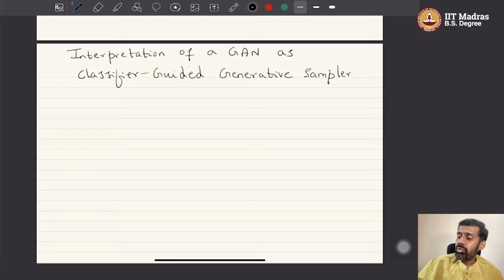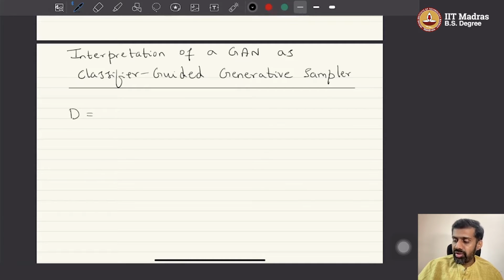What we saw so far was that a GAN was a special case of variational divergence minimization algorithms, where we start with an F divergence, construct a lower bound on it, and then optimize for it. This is another interpretation of a GAN as a classifier guided generative sampler. So let us look at it.